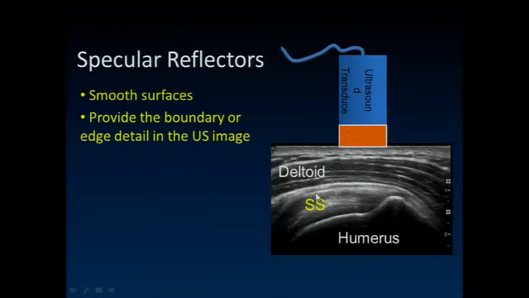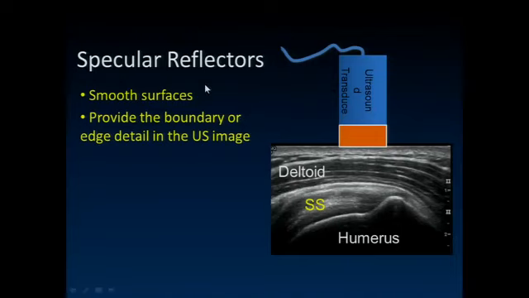As the ultrasound beam starts to be more obliquely oriented with respect to those linear fibers of those tendons or those muscles, I don't see them nearly as well. Not because there's something pathologically wrong with them, but because the sound is being reflected away from the transducer. So we've got to keep that in mind.